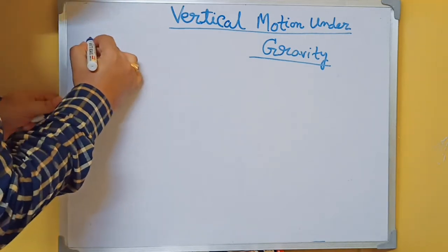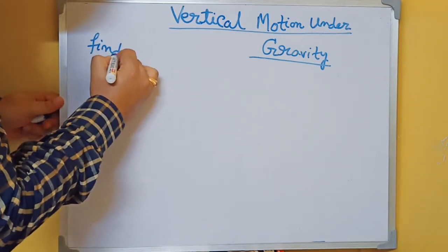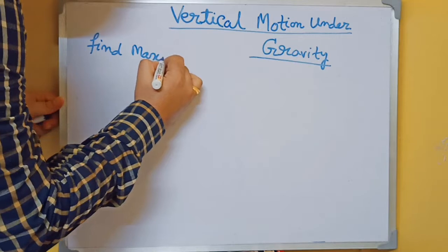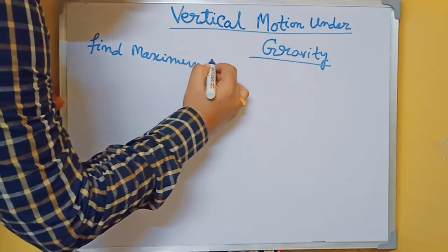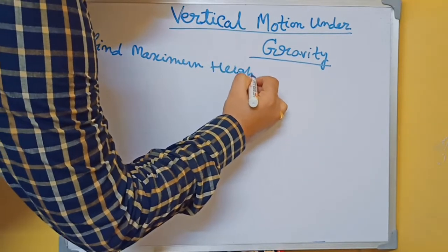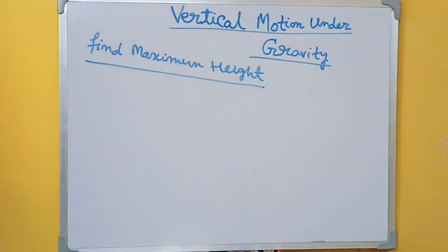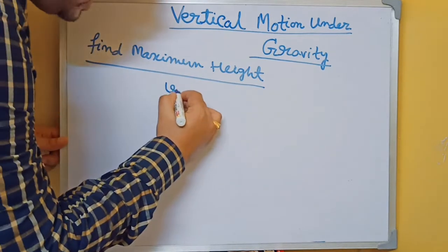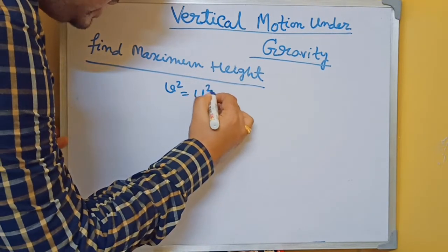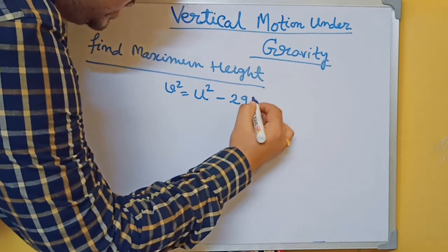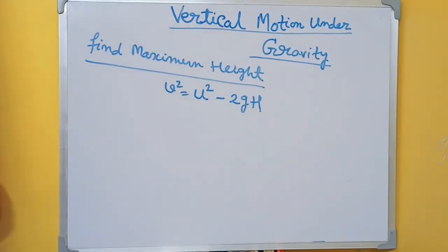Next, how to find the maximum height? For the maximum height, we know that velocity will become 0. The velocity will become 0, that means v square is equal to u square minus 2gh. h is the maximum height.